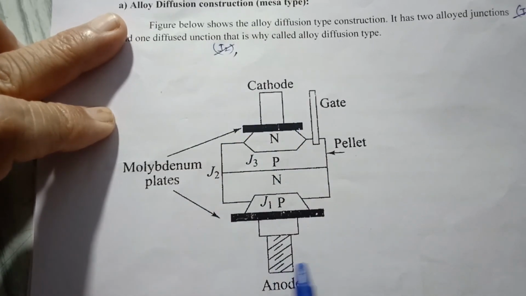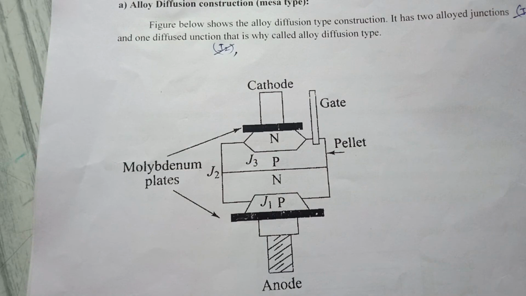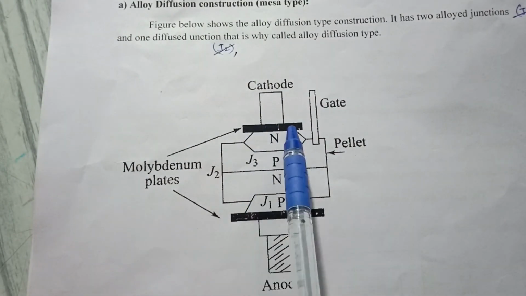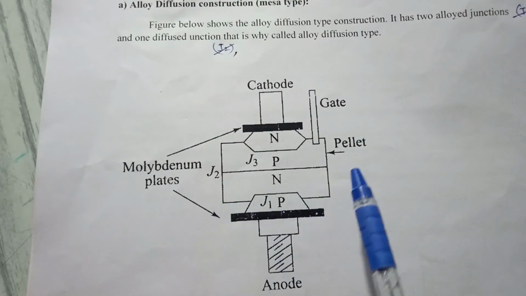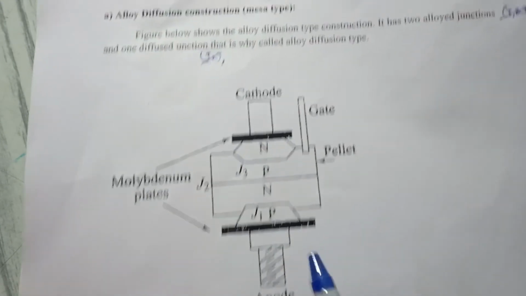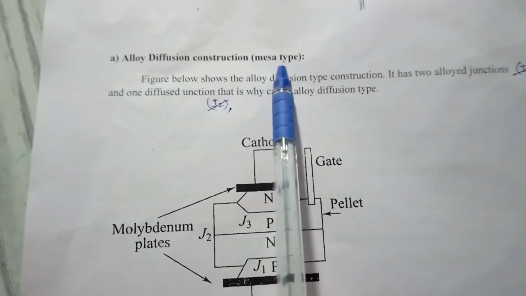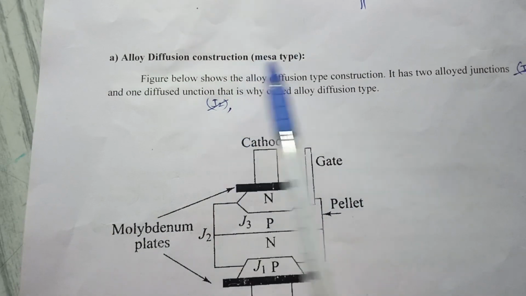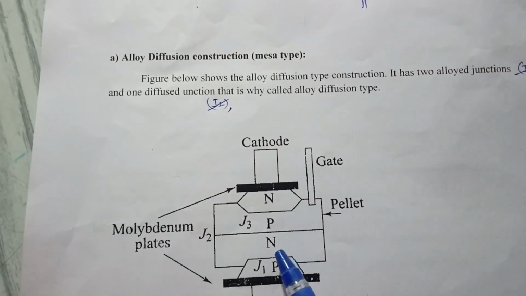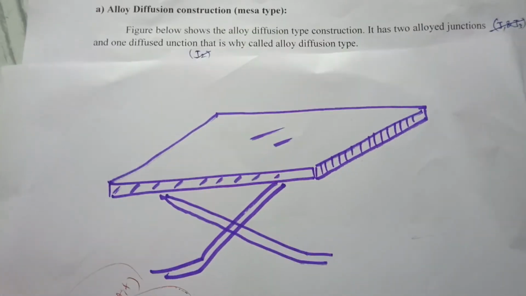Actually, this structure that I am showing you is a vertical section of this SCR. So these plates and the total structure may have rectangular size or it may have circular size. The other name, it is also called mesa type. Mesa means a table-like structure, a round table or square table. And why is it called mesa type? Because if you consider any table, so I have one diagram here. This is, say, a table.